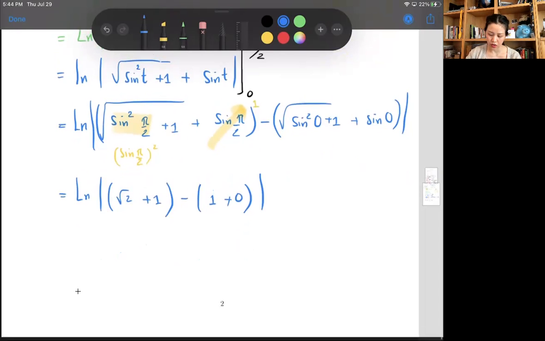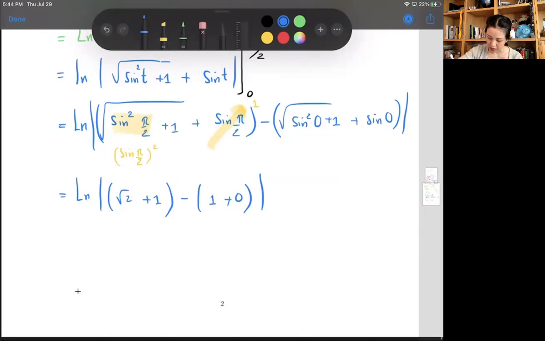Did I do something wrong? Oh yes, I did something wrong. I forgot the ln here, at the lower limit, so you know where my mistake was.